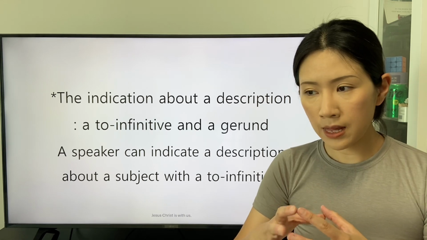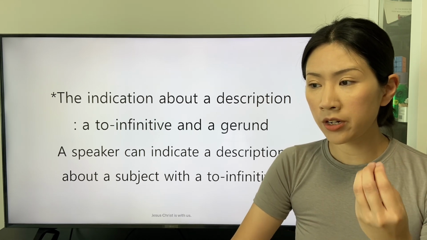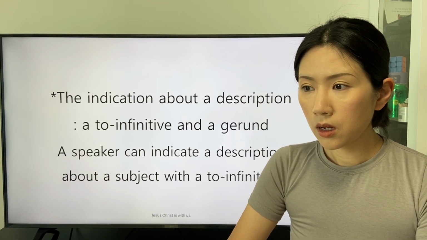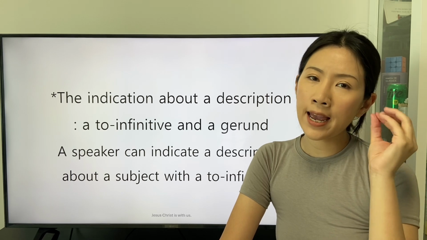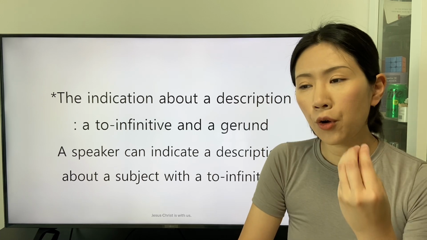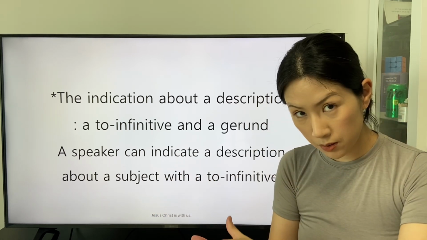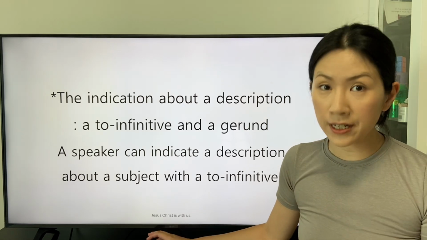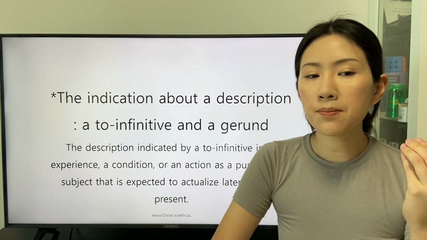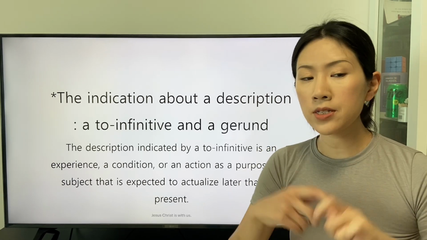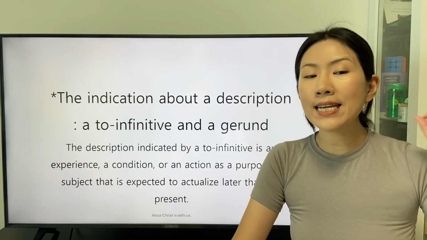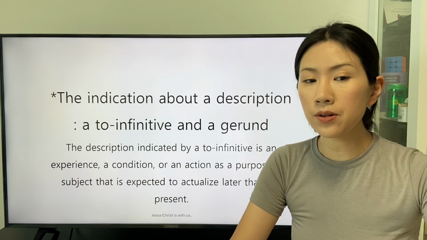A to-infinitive that is applied as an indication can be applied as an indication about an experience, a condition, or an action of a subject. The description indicated by a to-infinitive is an experience, a condition, or an action as a purpose of a subject that is expected to actualize later than the present.